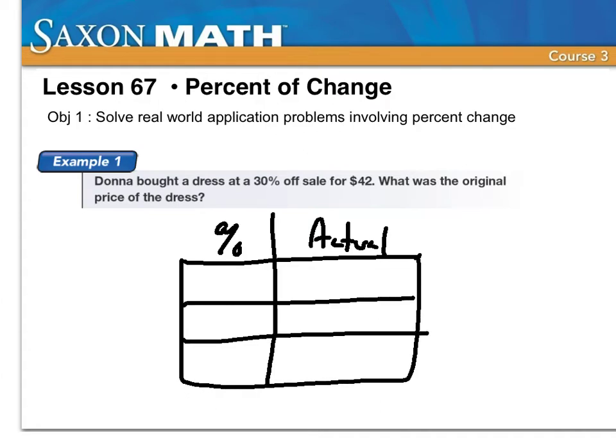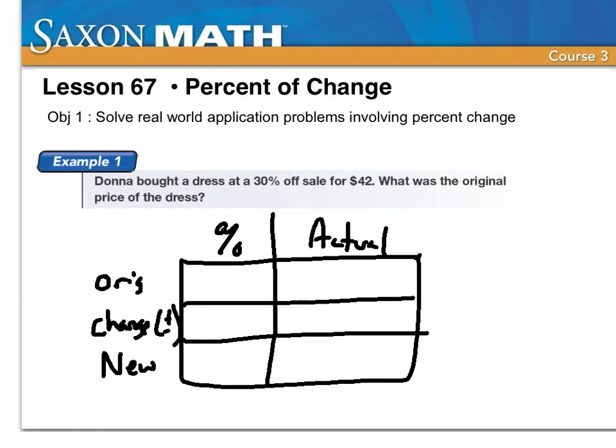The first part is going to be the original, so that might be the original price, whatever the original cost was. Then we're going to take into account our change, which can be a plus or a minus, meaning it can go up or down. And we're going to look at our new, whatever the new price is or the new amount is.